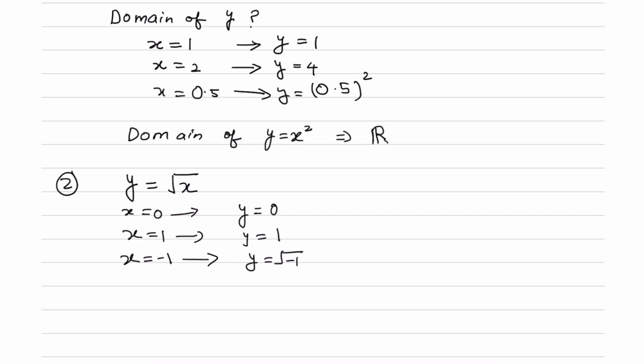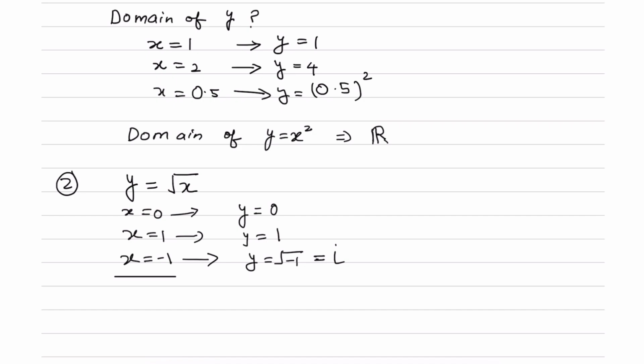So when I have x equal to minus 1, we get y equal to square root of minus 1, which is a complex number. So in this case, I will say that x equal to minus 1 should not be a part of the domain because it is not an allowable x; it gives us a complex number.